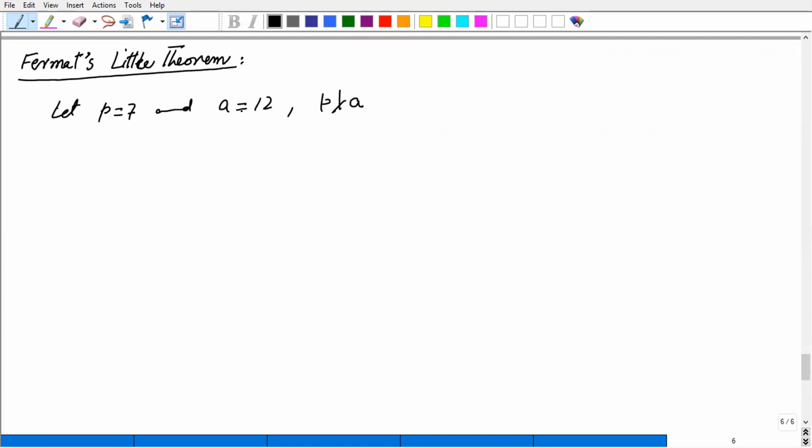Now, if you look at the product of a natural number with a, and we divide that number by 7, we need to find the modulo 7.